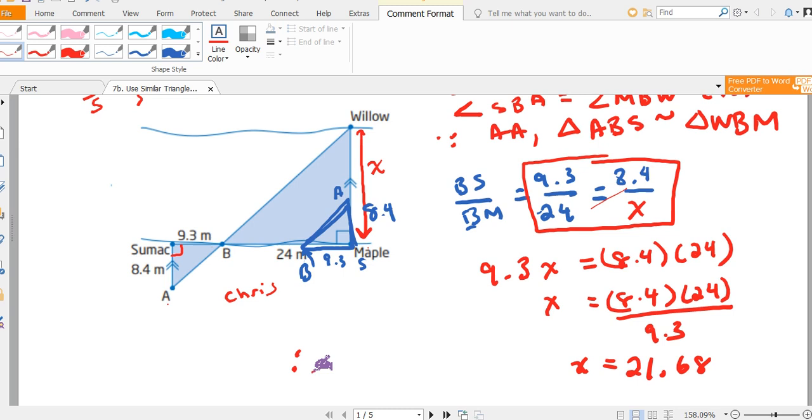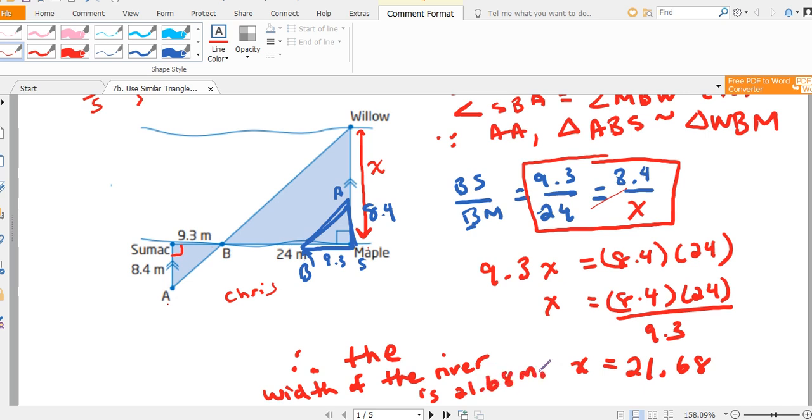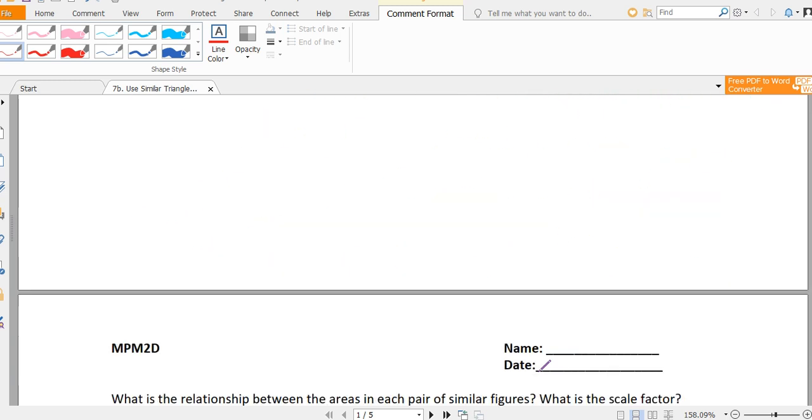So therefore, the width of the river is 21.68 meters wide. Okay, and I'm done. So let's take a look at the next example.